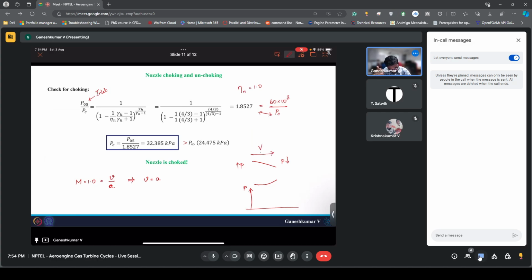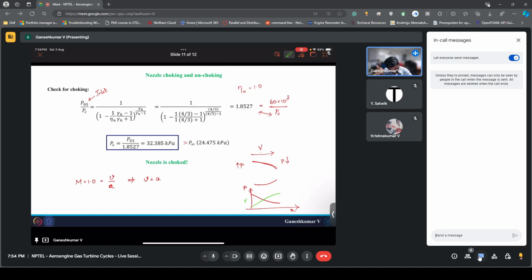So this is x, this is my nozzle. My pressure will be continuously decreasing, and if I plot the velocity, velocity would be continuously increasing.